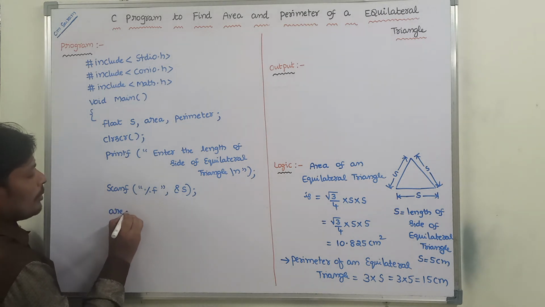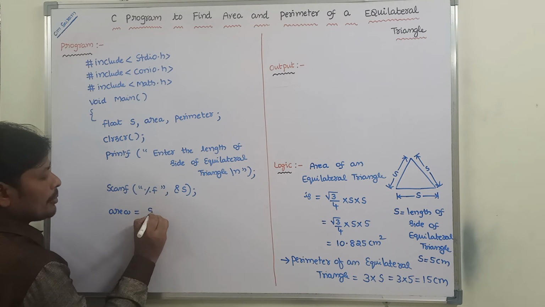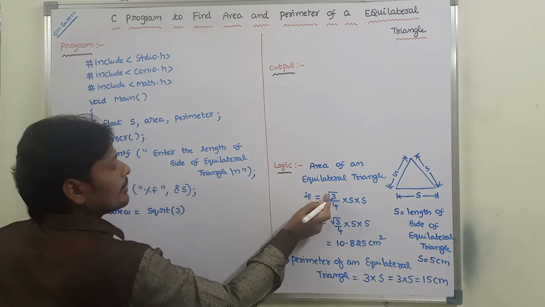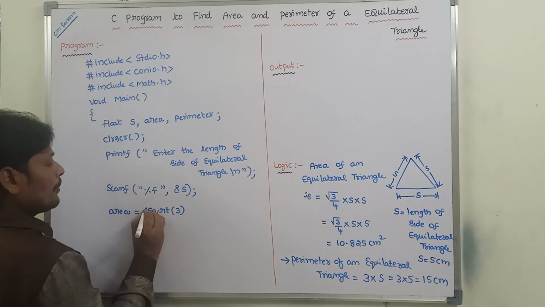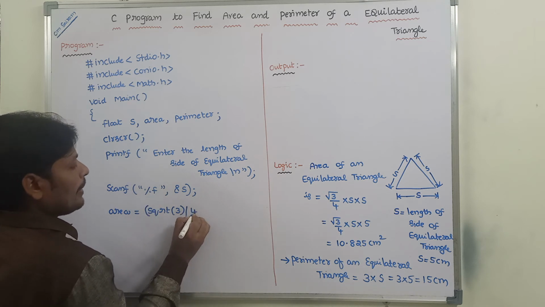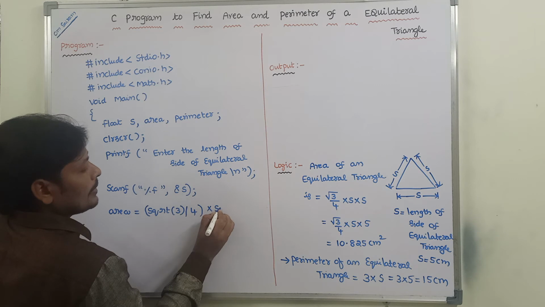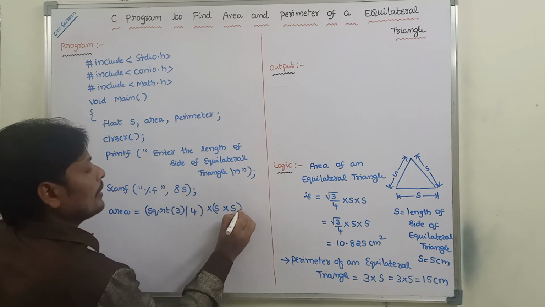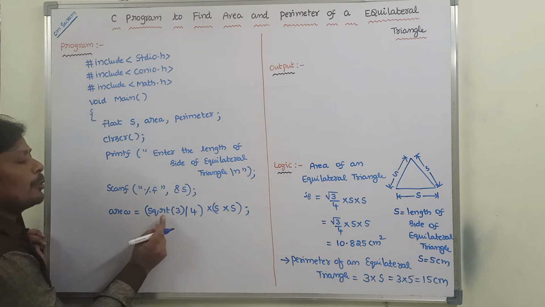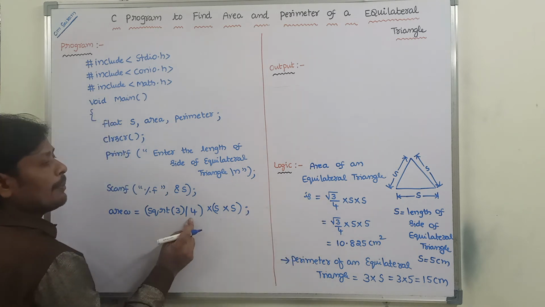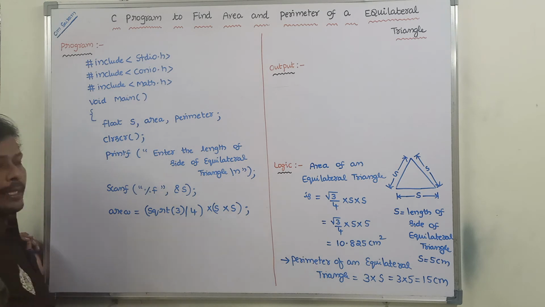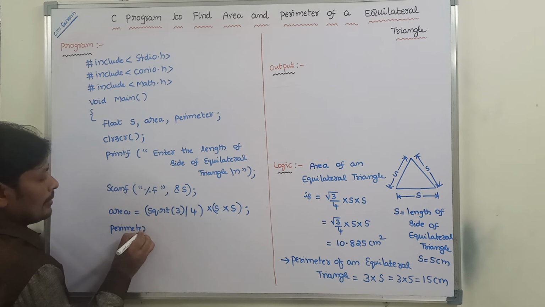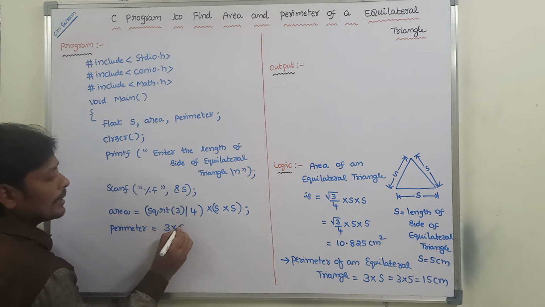After reading the length of the side of the equilateral triangle, we have to calculate the area. So area is equal to square root of 3 divided by 4 into s into s; root 3 can be written as sqrt(3). Then the perimeter of the equilateral triangle is equal to 3 into s.